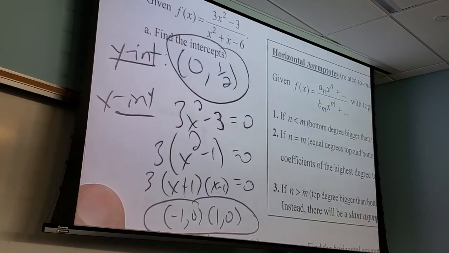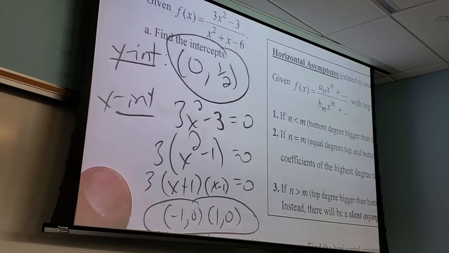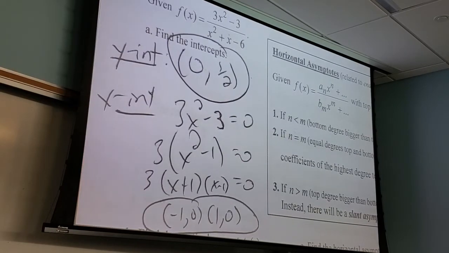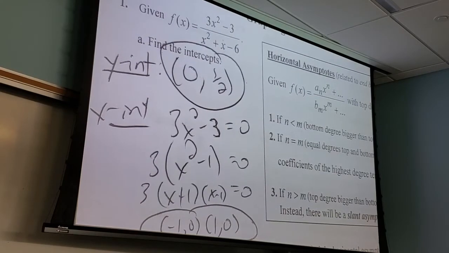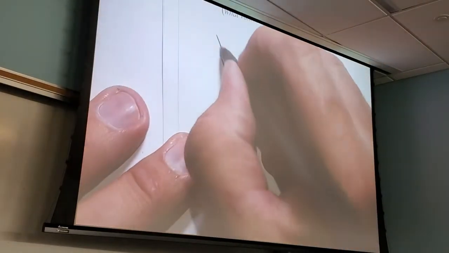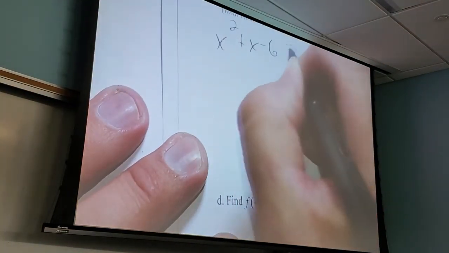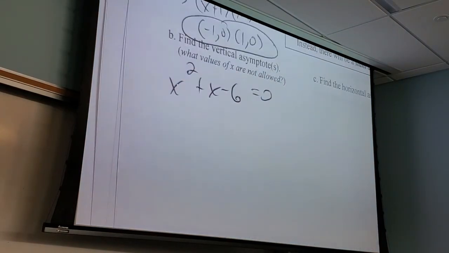What do you have to solve? Yeah, the only inputs that are not allowed are any inputs that make the bottom 0. So you can sort of just look at this problem here. So the vertical asymptotes are the values that make that 0, because then the function will blow up, right?